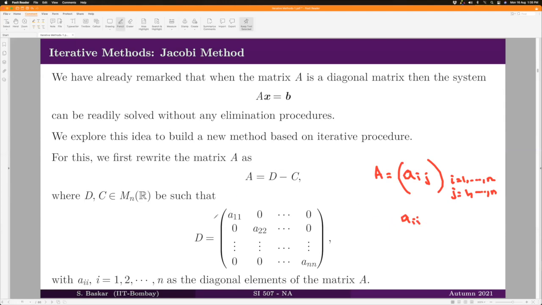So in that way, D is the diagonal part of the matrix A, and whatever remains elsewhere, we can combine them and call that matrix as C, in such a way that A can be written as D minus C. This we can do for any given matrix A.